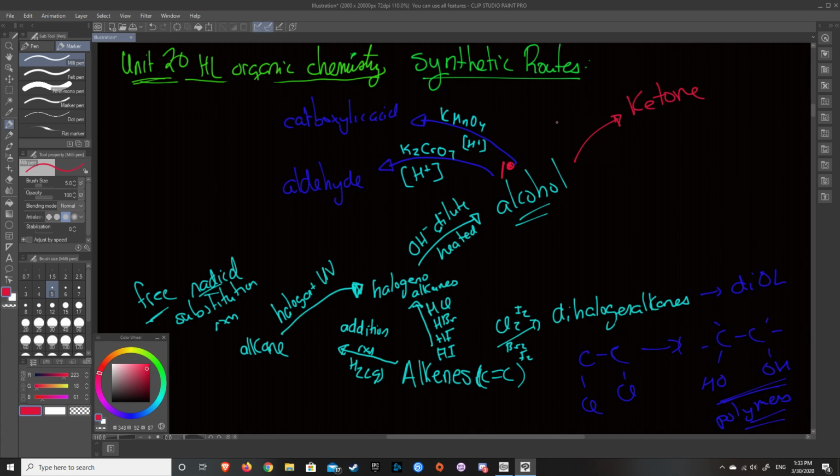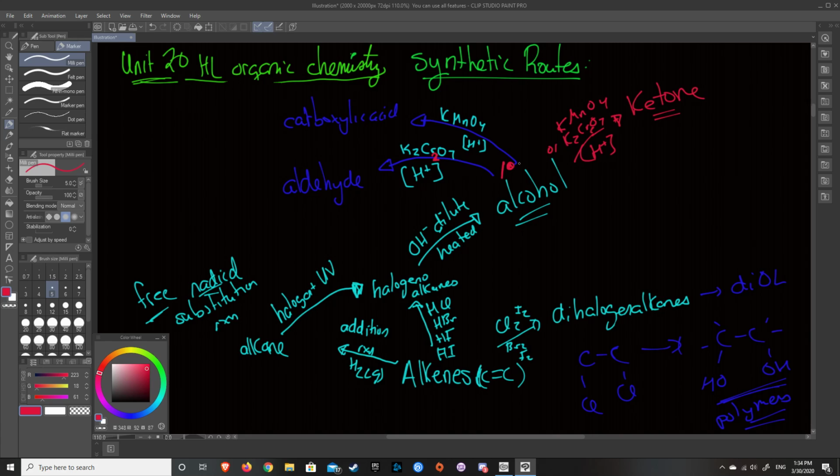You can either put KMnO4 or K2Cr2O7, sorry, dichromate, Cr2O7 in acidic medium, and you could form a ketone. So those are the reactions that our alcohols can undergo. We could make a carboxylic acid, an aldehyde, or a ketone.